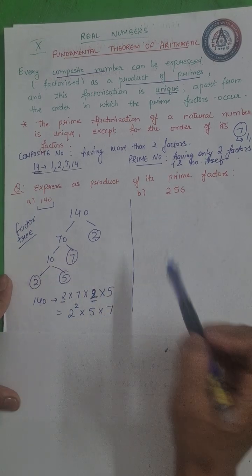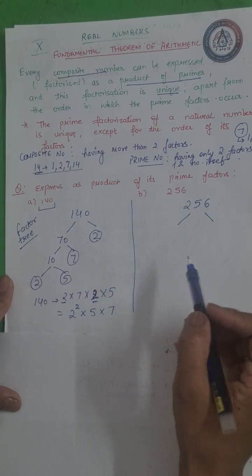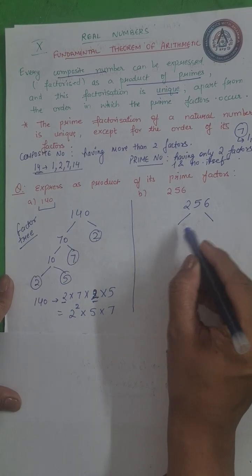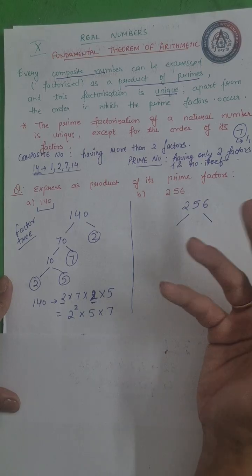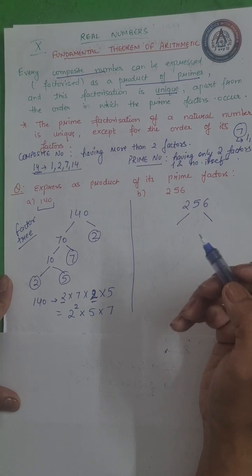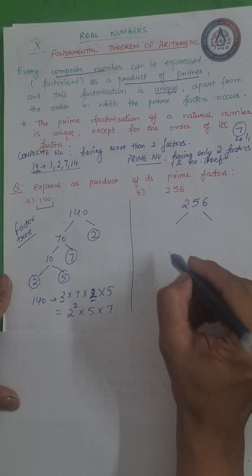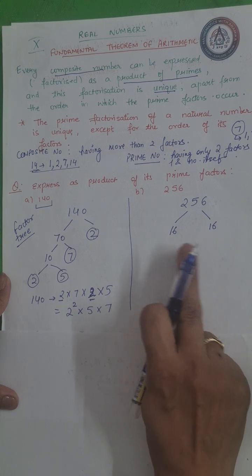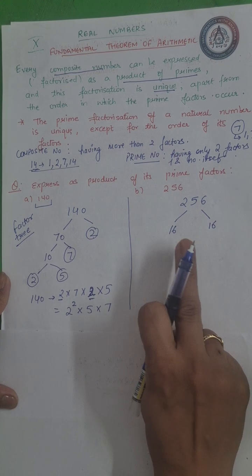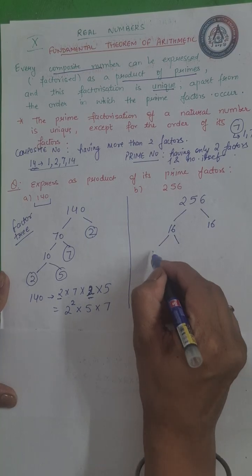Let's take another example, 256. Now I know that 256, you can take different ways like 2 times 128, you can take 4 times something. I know that 256 is the square of 16. So 16 times 16. Now both 16s are not prime numbers, that is, they are composite numbers. So I can split this as 2 times 8.